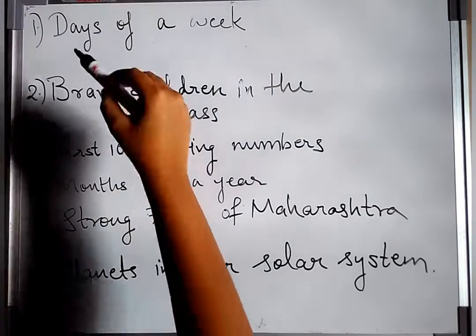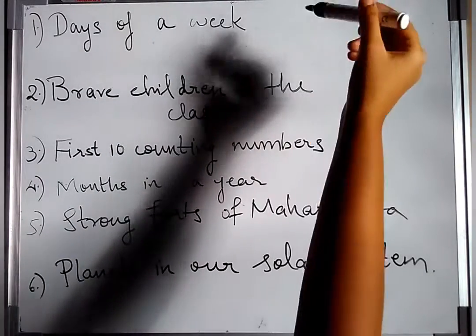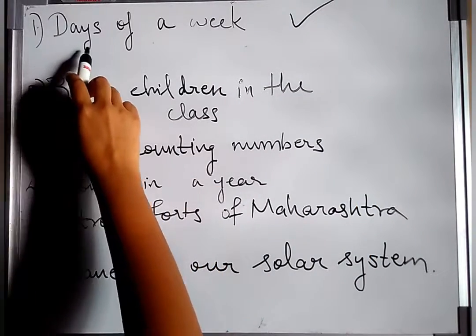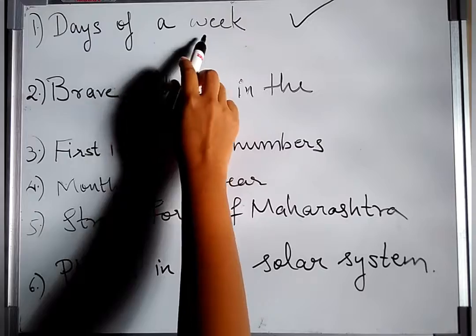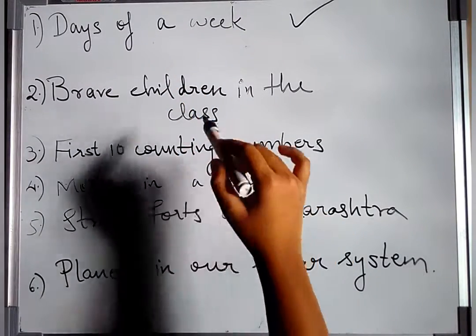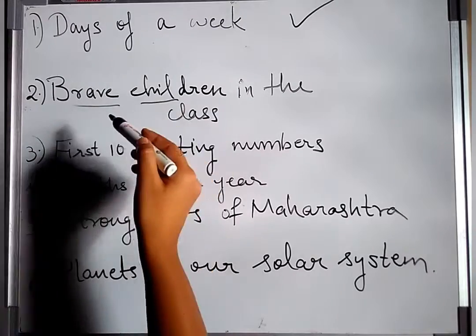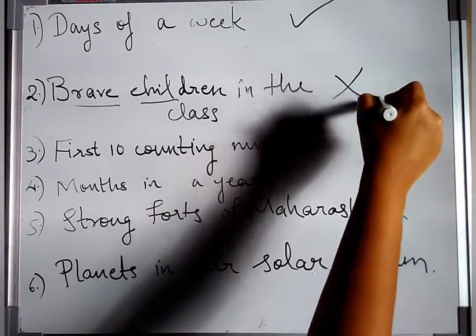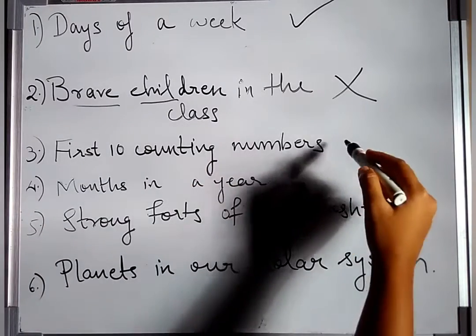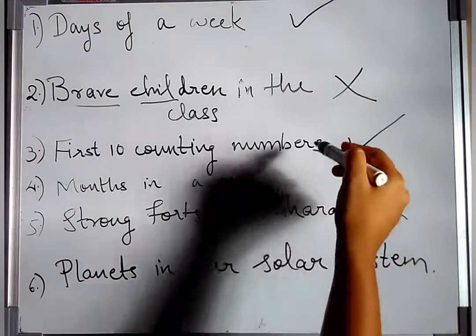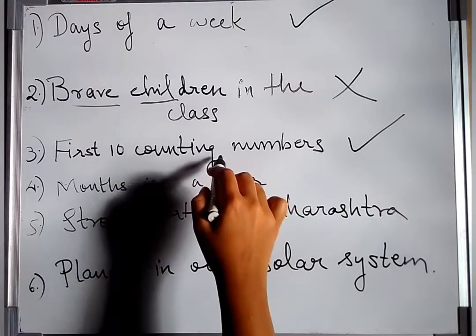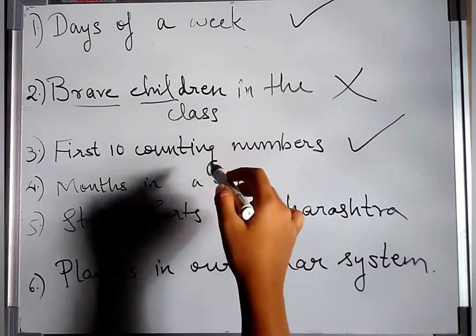So if you observe, days of a week will form a set because the elements of the collection are well defined. Next, brave children in the class. This will not form a set. First 10 counting numbers will definitely form a set, because anybody who makes the set will come out with the same elements.